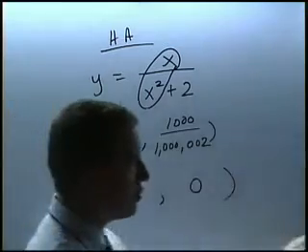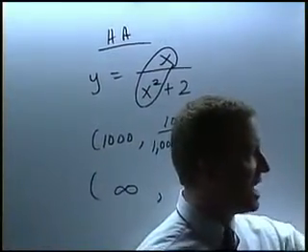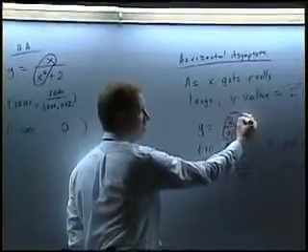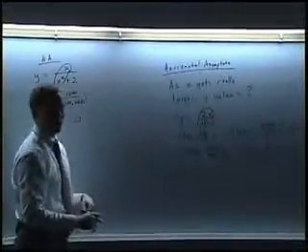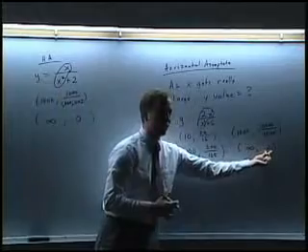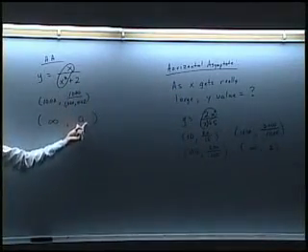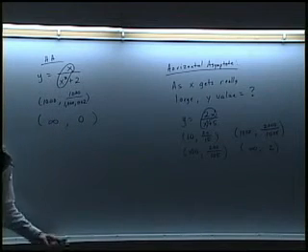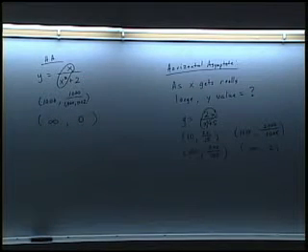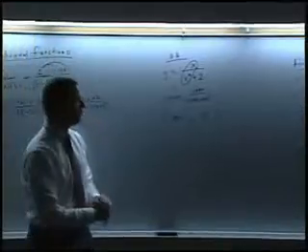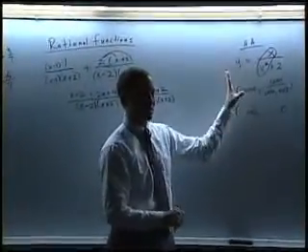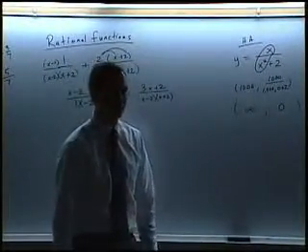Here are two situations that we can have. If they have the same strength, this is x to the first, this is x to the first, then we'll approach whatever we get when we divide those two numbers. If the denominator is stronger, then we just go to 0 automatically. So there's a little bit of a review with horizontal asymptotes. We will do a lot more with these later, though, but this is what you need to know for right now.